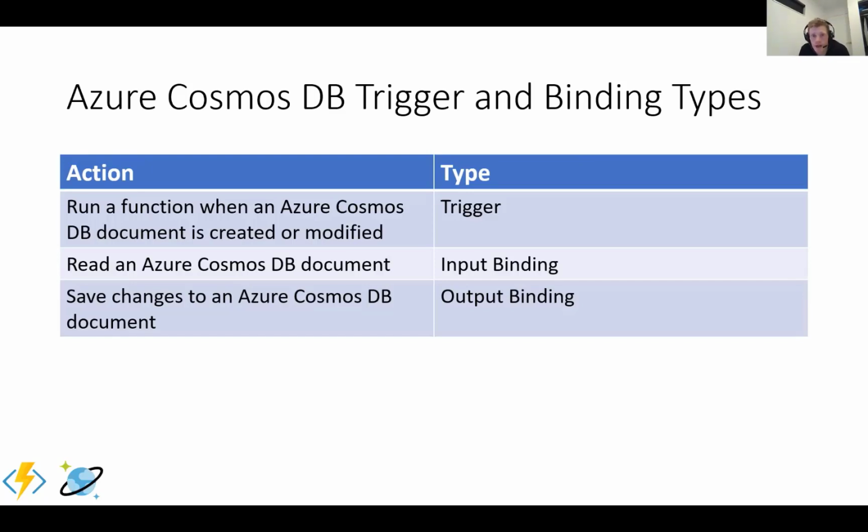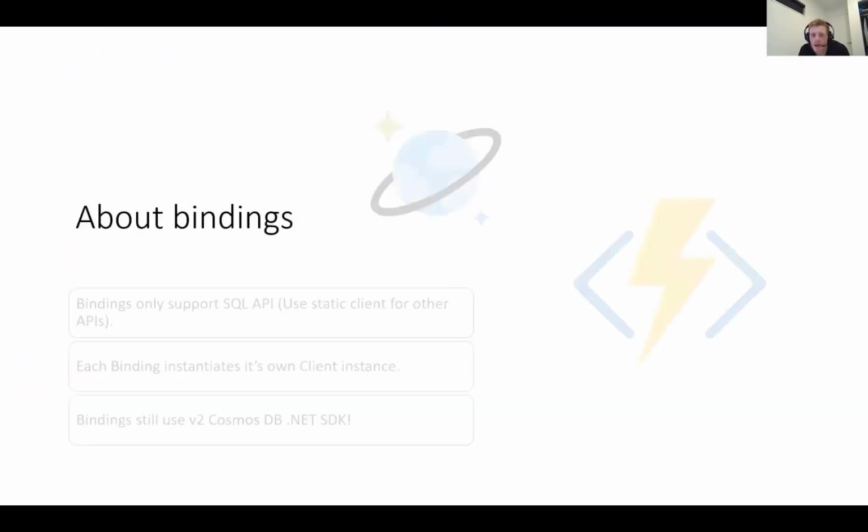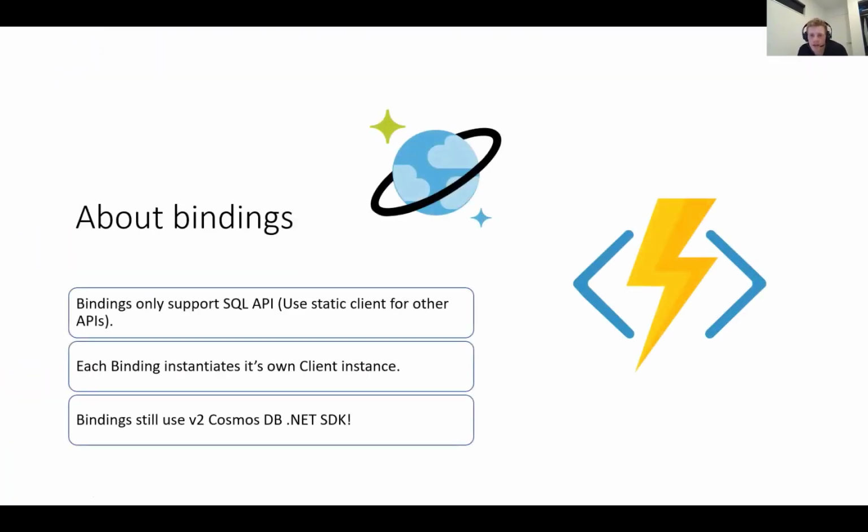When we first started developing with Azure Functions, we would use bindings quite a lot, particularly output bindings. We would use the Cosmos DB trigger for a couple of functions, and we still do. But there are some limitations to bindings. Currently, as it stands, the bindings only support the SQL API.